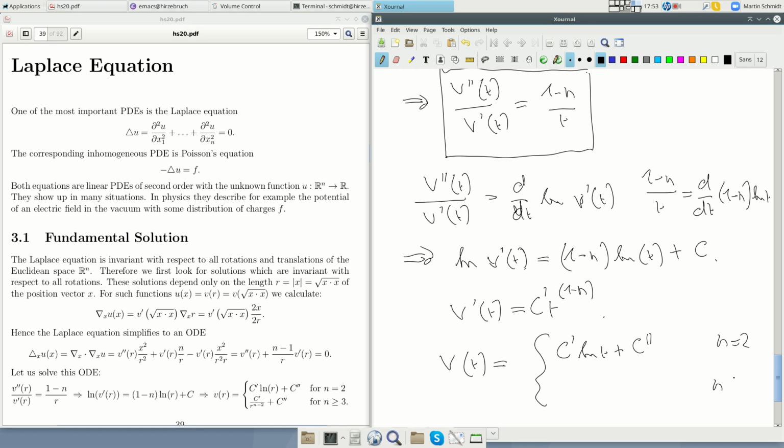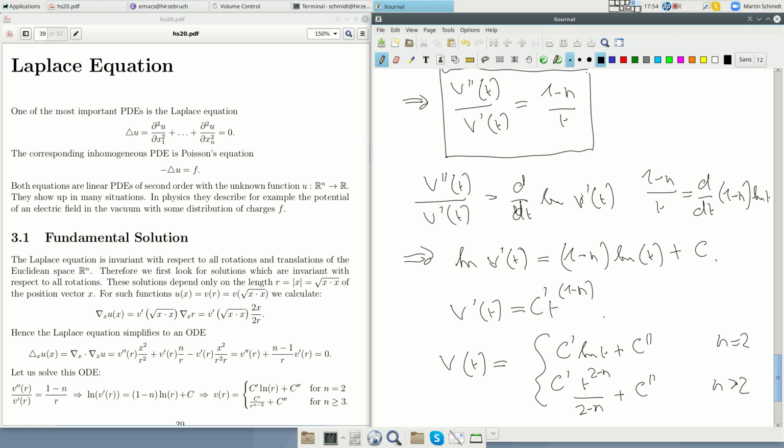If n is larger than 2, then the exponent is not minus 1, so then we get c prime times r, and then we have to increase the exponent to integrate: r to the 2 minus n over 2 minus n, plus c double prime.